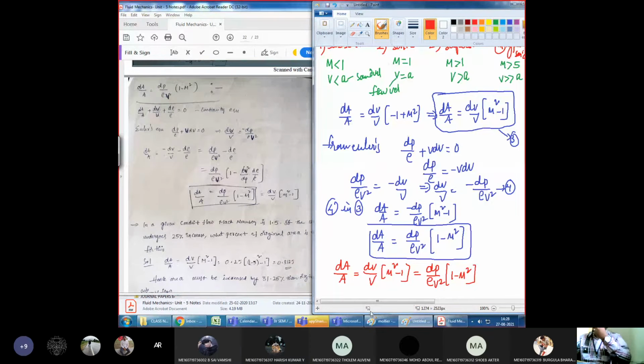Is this derivation clear? Yes, sir. Now we are going to discuss the types of nozzles, the different types of cross section with different Mach numbers.